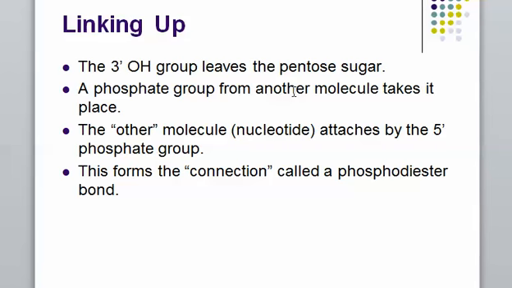And that's why we call this a 3' to 5' hookup, because at the 3' location, that OH group is removed, and that OH group is replaced by the phosphate on another nucleotide group at the fifth carbon. We call that a phosphodiester bond. You know why it's called a phospho? Because a phosphorus is included, and the diester portion is because it kind of makes an ester in a way.